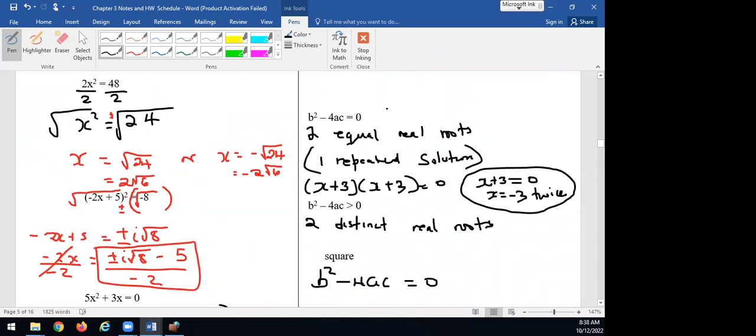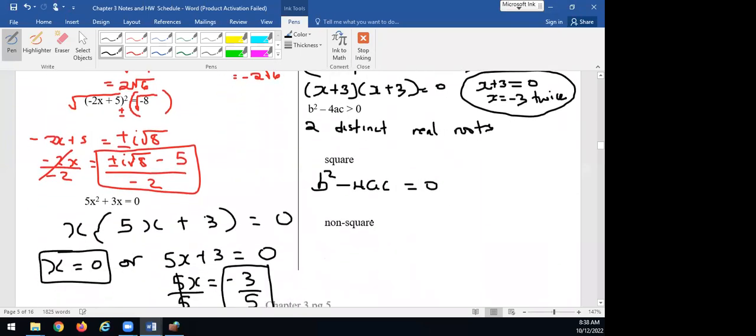For example, in this case. And then when you have a non-square, you can have either two imaginary roots or two distinct real roots. So this means that b squared minus 4ac must not be equal to 0. So once the discriminant is not 0, you're going to have a non-square quadratic term.